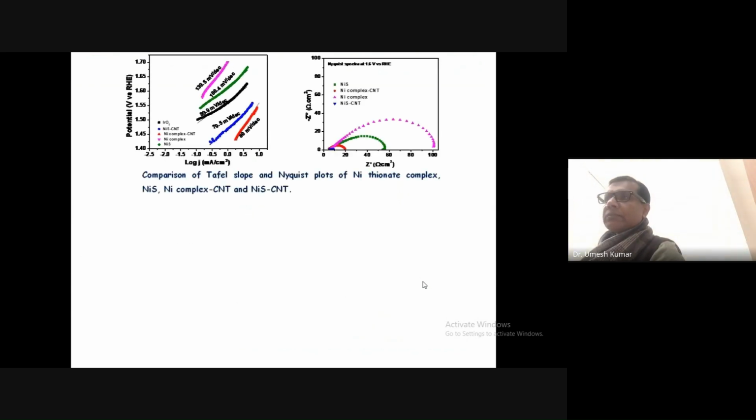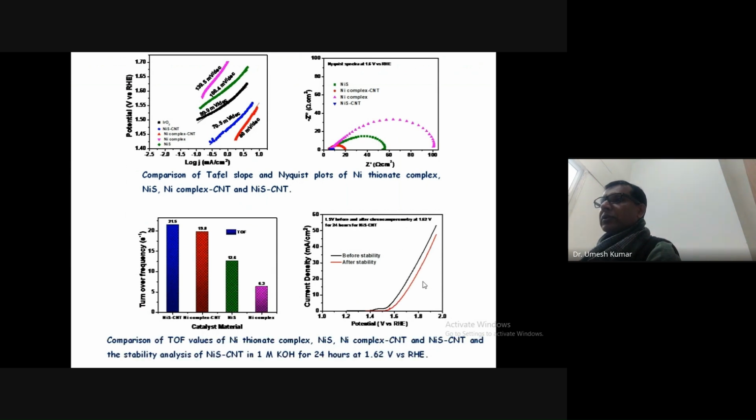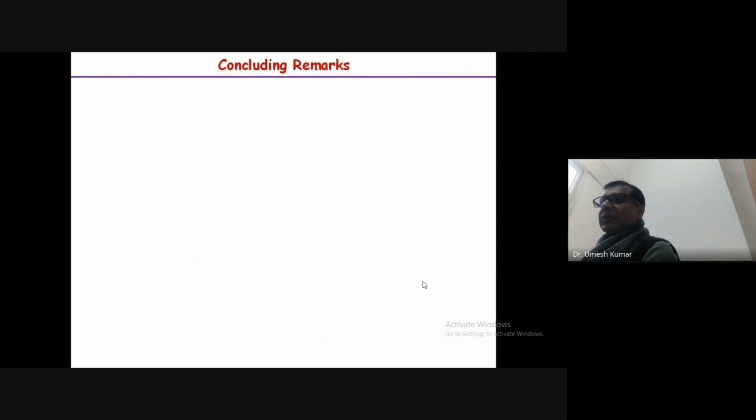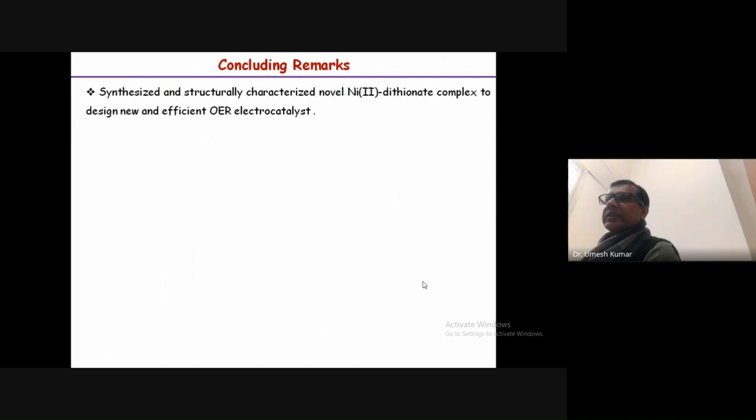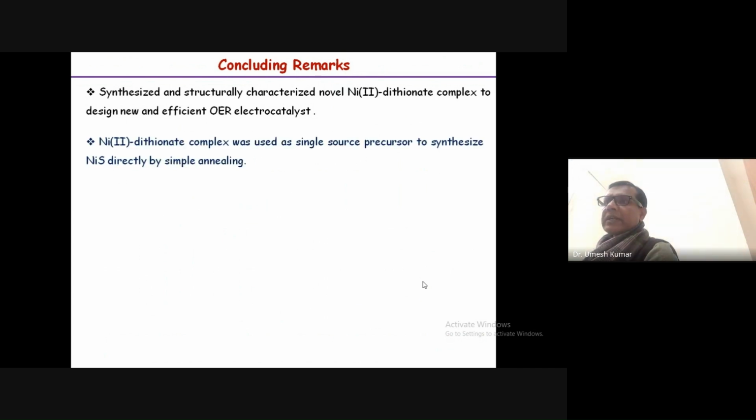So these are some analyses we have done. We have concluded that we have synthesized and structurally characterized a ligand-based nickel complex to design a new and efficient OER catalyst.